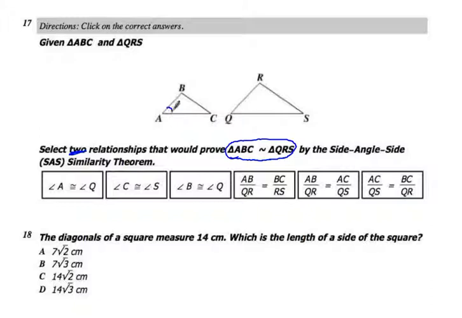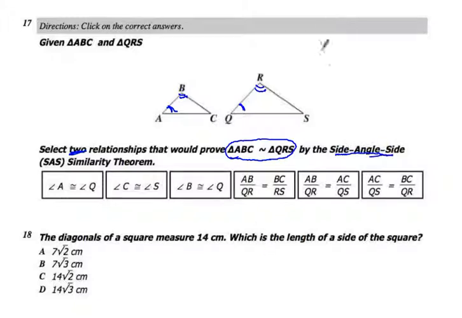So A is going to be congruent to Q, B is congruent to R, and then my blank ones by the side angle side similarity theorem.